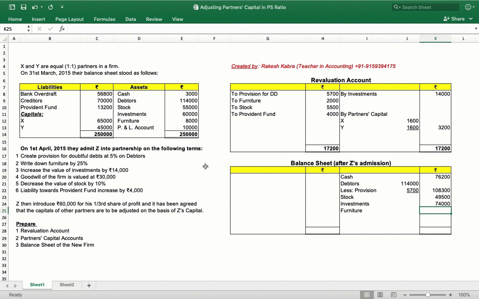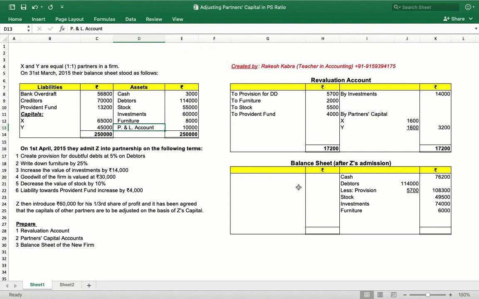So 8,000, and its 25% is rupees 2,000. So 8,000 minus 2,000, we will show furniture at rupees 6,000. And this P&L account will not come in the new balance sheet because we already allocated this profit and loss account between the old partners.